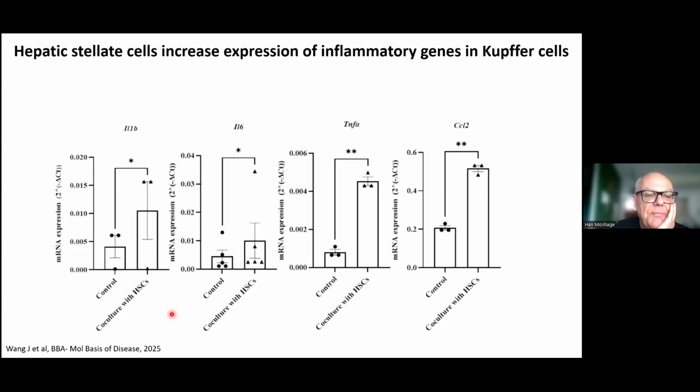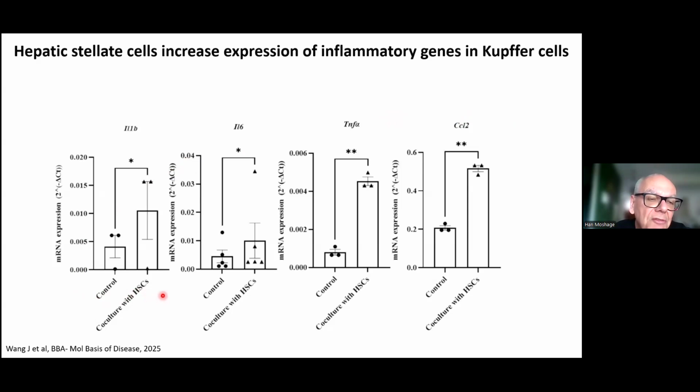So if we co-culture the Kupffer cells with stellate cells, what you see then is that the Kupffer cells become activated. These are all inflammation markers. These are all cytokines that are increased during inflammation. Interleukin-1, interleukin-6, tumor necrosis factor.